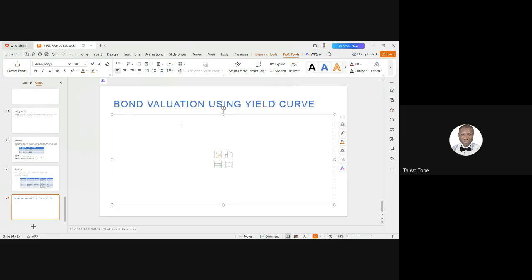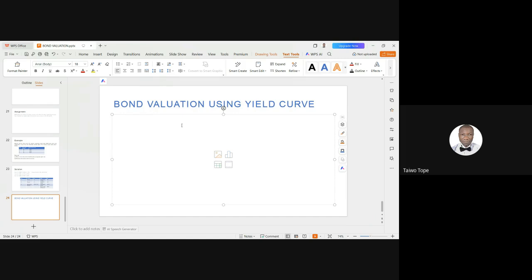And as we discuss the spot rates, I'll also show us how to treat the issue of forward rates. All are very simple. There is no stress in solving them. Now, we talk about the bond valuation using yield curve.